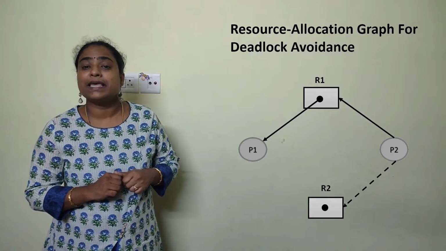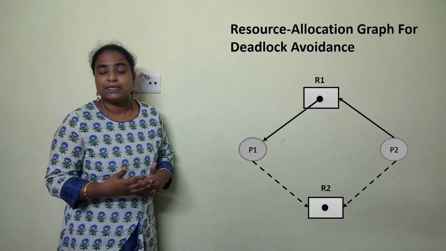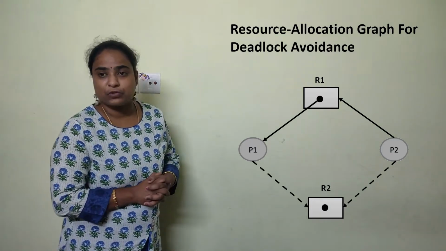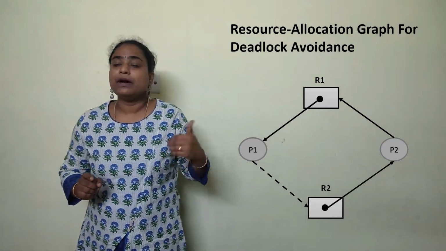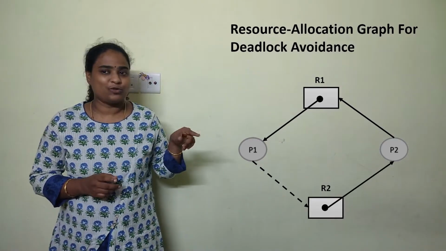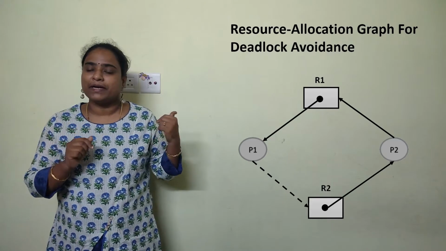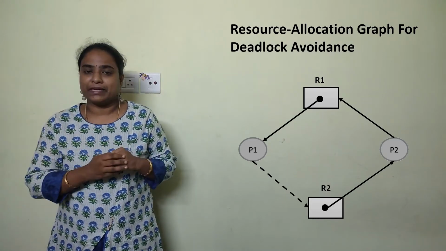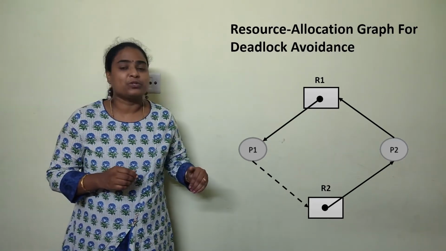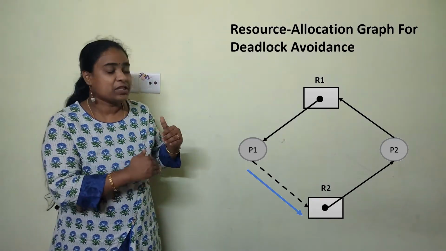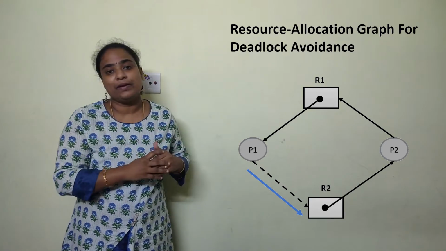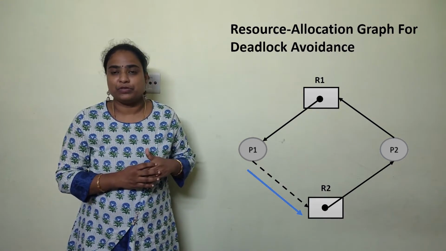We call it a claim edge. Consider a process requests a resource. Then the claim edge will be converted into a request edge. The arrow is not changing, only the dotted line will become a solid line. If the resource is free, then the request edge will be converted into an assignment edge.